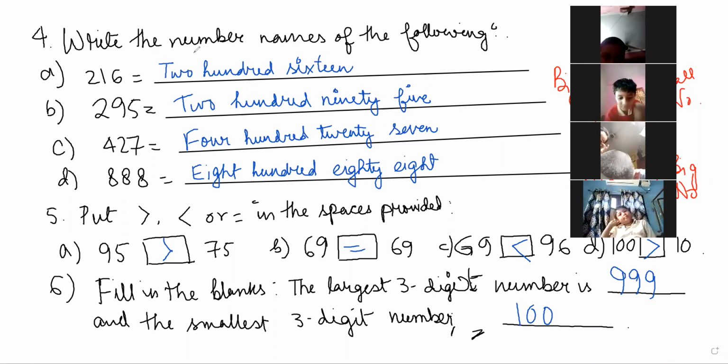Number names means here you have to write that this is 216. This thing you have to write in words. Okay. 260. Okay, ma'am. 300. Number names means how we tell the numbers, that we have to write. Is there anyone having any kind of problem? Spandan, everything is okay?